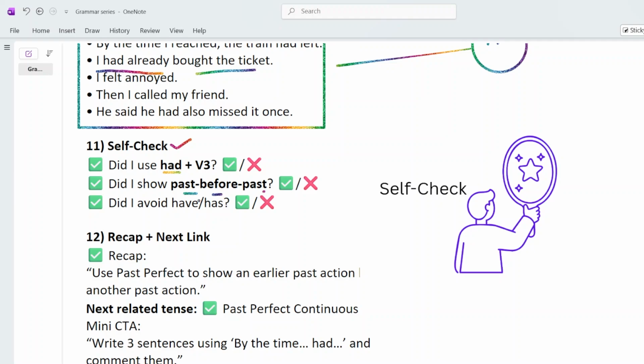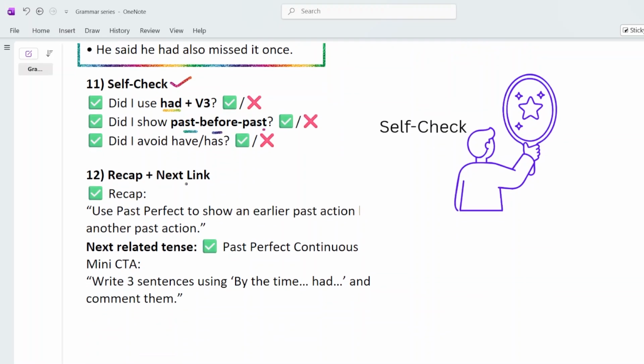You have to see that if there are two actions. If there is only one action that has been done in the past, then it is only simple past. And also remember, do not use have or has. They are not used when you're looking at using past perfect tense as your tool.